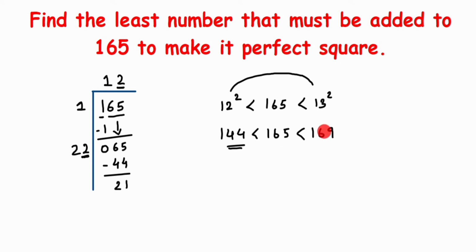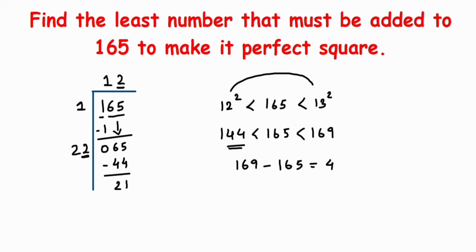Now we have to check how much we have to add to 165 to get 169. So we'll simply subtract them. 169 minus 165 is equal to 4. So the least number will be nothing but 4. If I add 4 to 165, I'll get a perfect square, and I can find its square root.